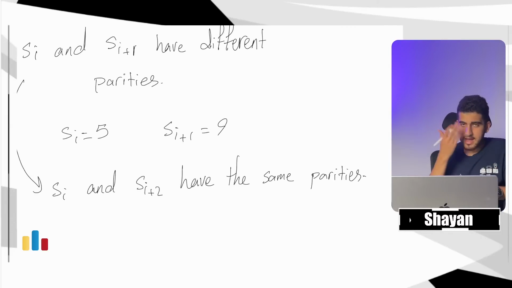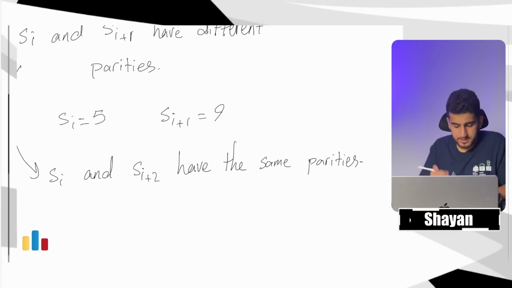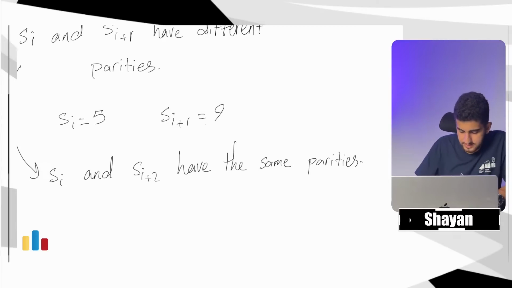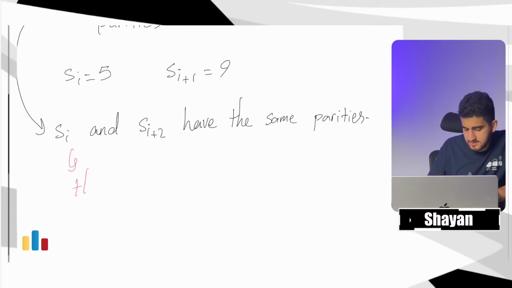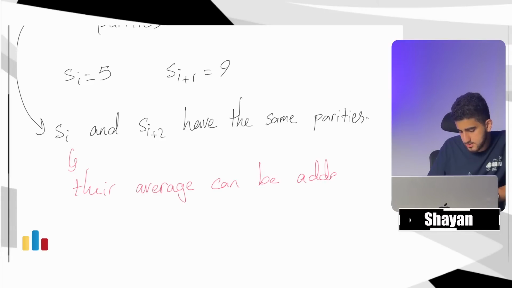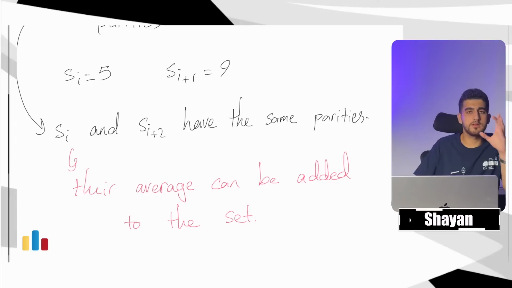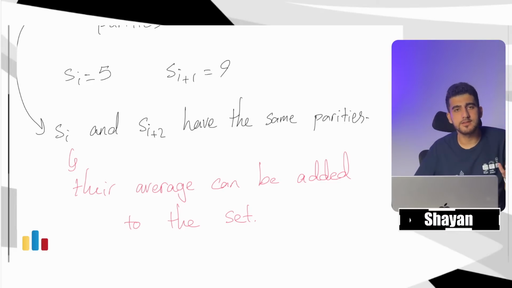So what is their average? When they have the same parity, it means that their average can be added to the set. But we said that everything that can be added is already added.